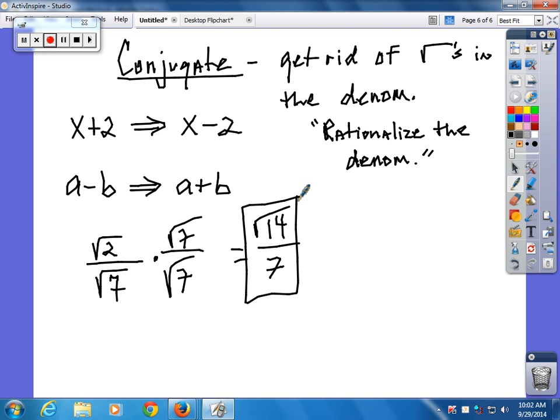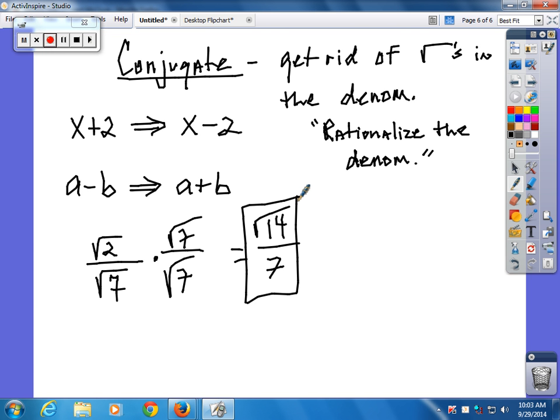So you just leave it as square root of 14 over 7. If it's square root of 8 over 7, then you break it up into square root of 4 square root of 2, which is 2 square root of 2 over 7. But 14, you can't break up into anything except 2 times 7, so you just leave it like that. And that's how you rationalize with a single denominator.